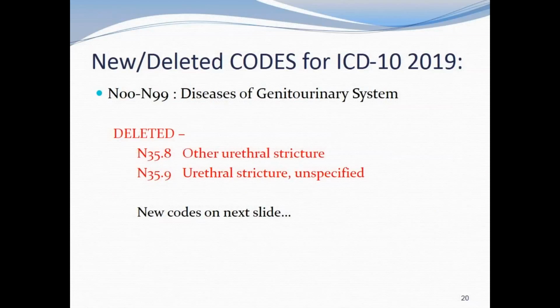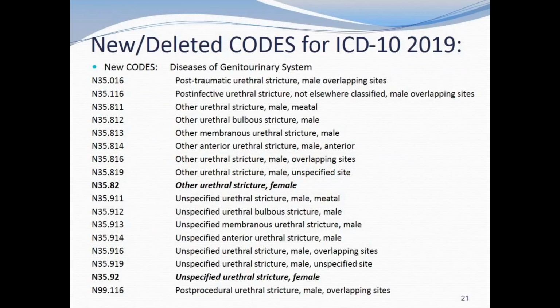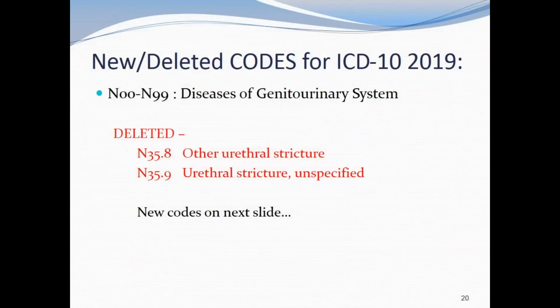Now, we have a few that are added to the genitourinary system, and we have two that are deleted. But let me show you this next slide. Kablam! Let me go back. Because there's a lot that have been added to this.